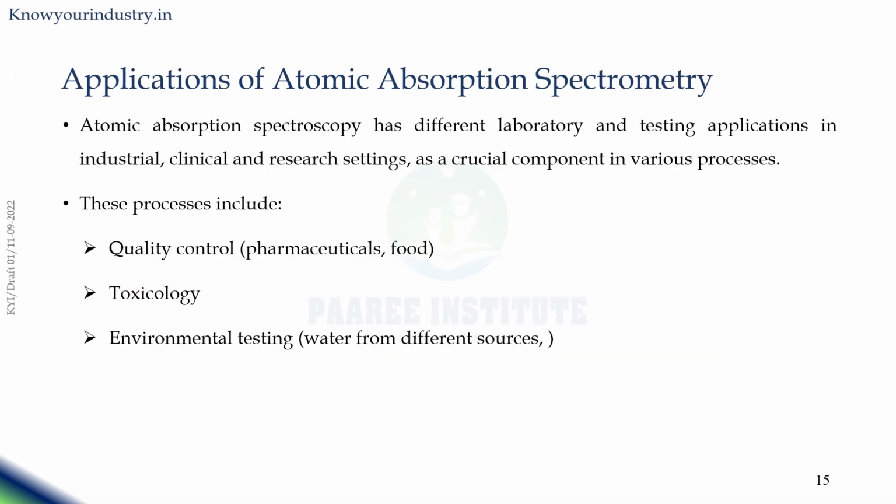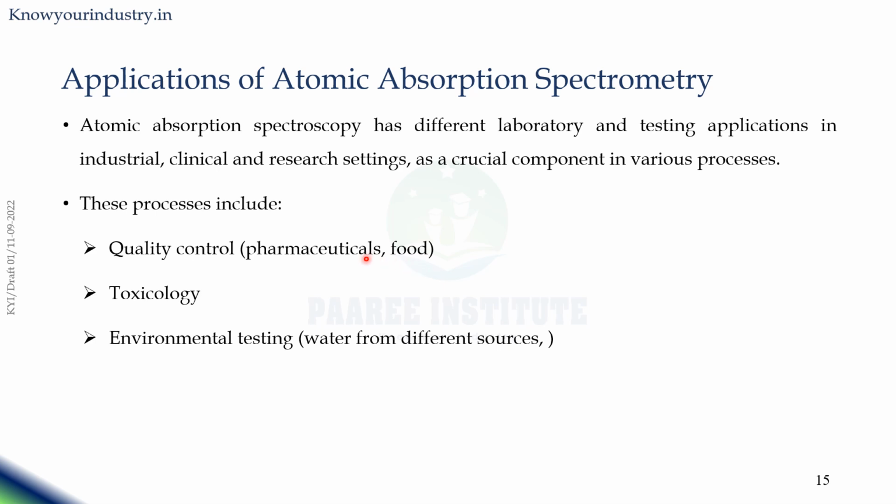Coming to the application of atomic absorption spectrophotometry, it is confined to elemental impurity analysis. Hence, it is generally used for the quality control process of pharmaceuticals and food, where the elemental impurities can be analyzed, whether they are within the limits or not, whether it is toxic or not.